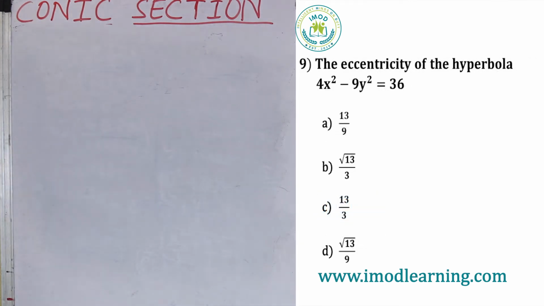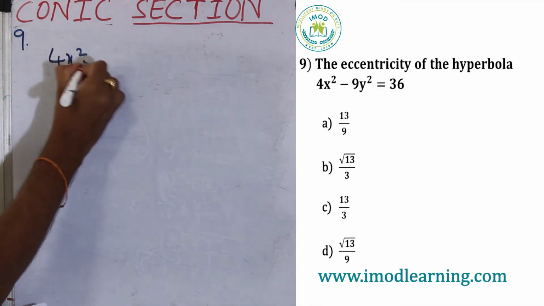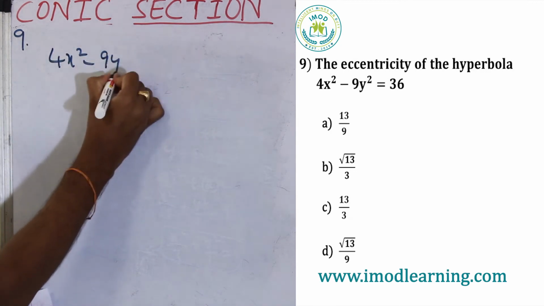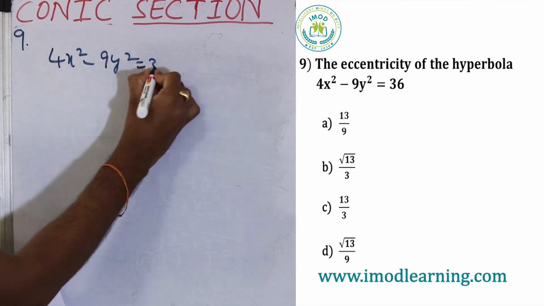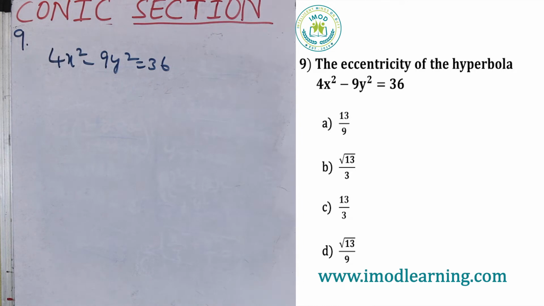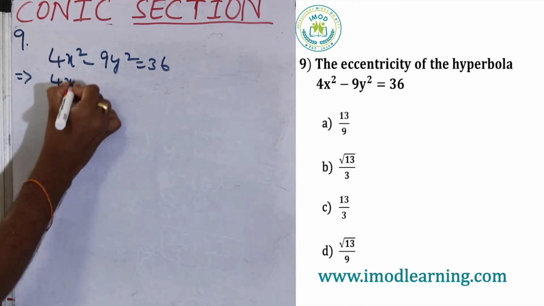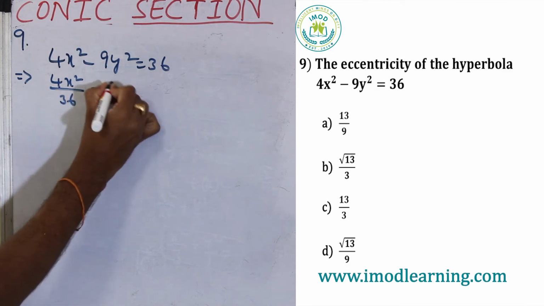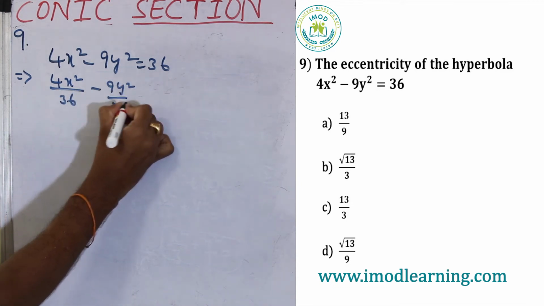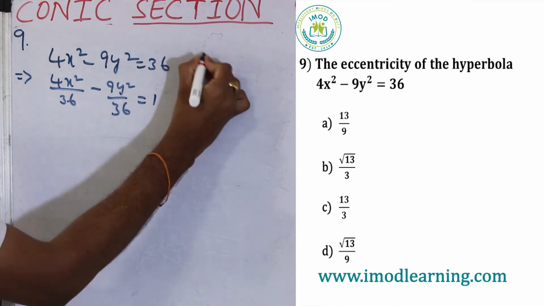Question number 9. The eccentricity of the hyperbola 4x square minus 9y square which is equal to 36. So first convert to standard form. It can be written as 4x square divided by 36 minus 9y square divided by 36 which is equal to 1, dividing throughout by 36.